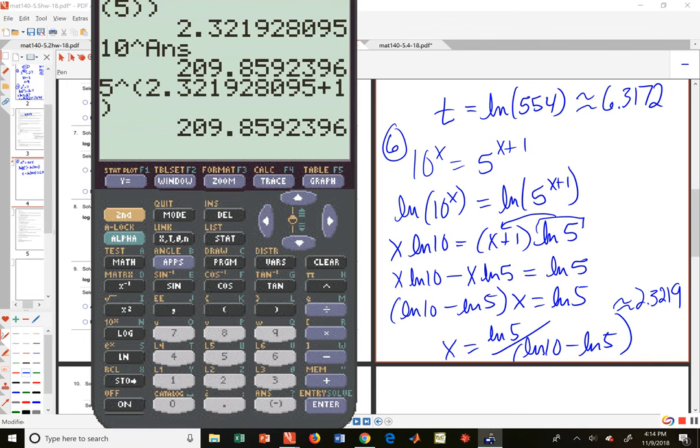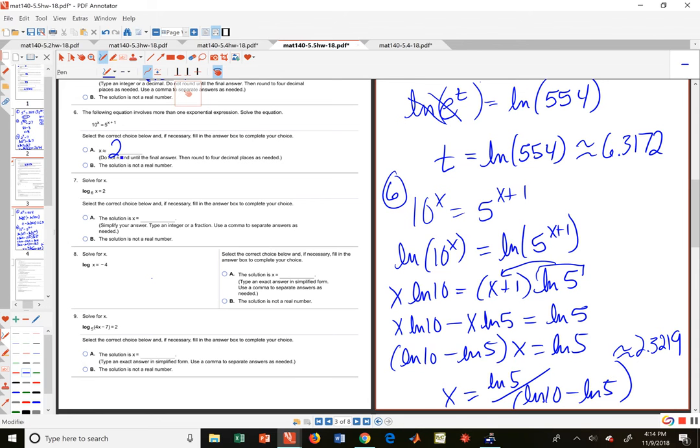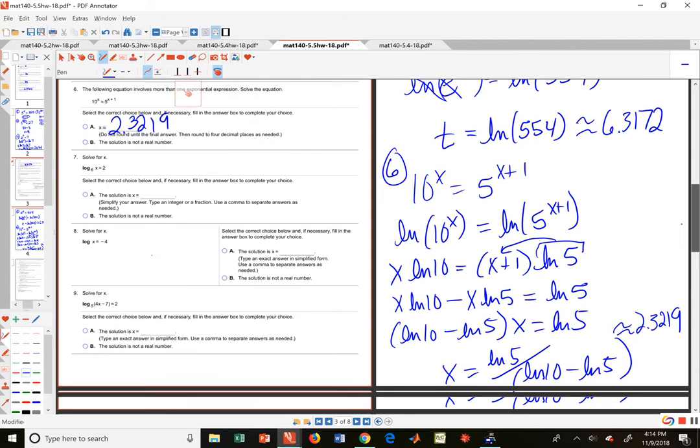Then you should get the same number, and you do. So that was just a little check to make sure it was working. That is our x, and so put that right over here, 2.3219.